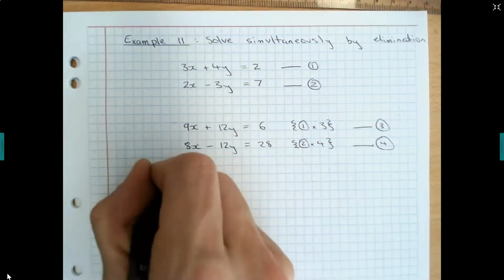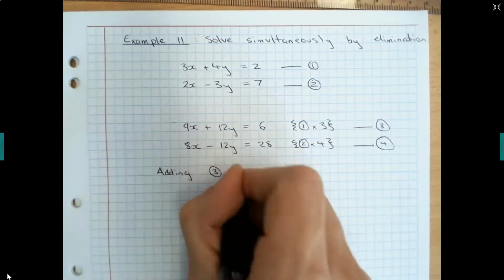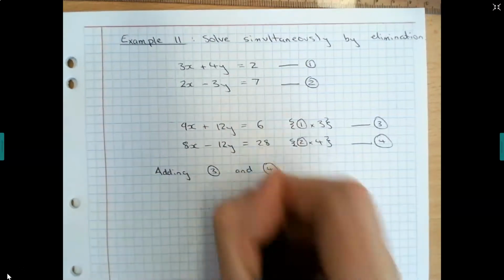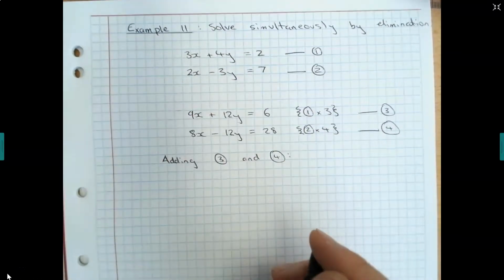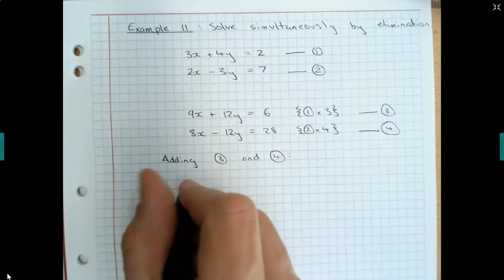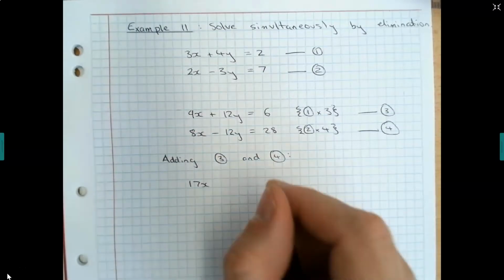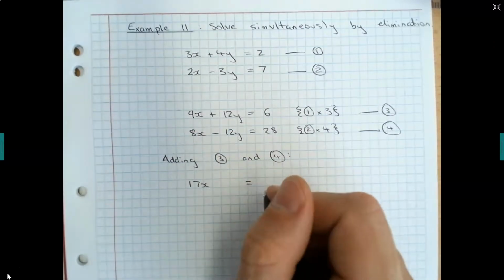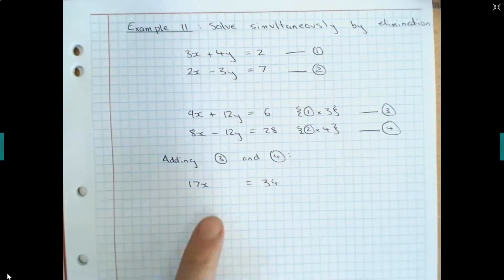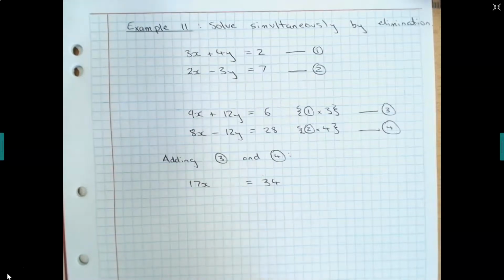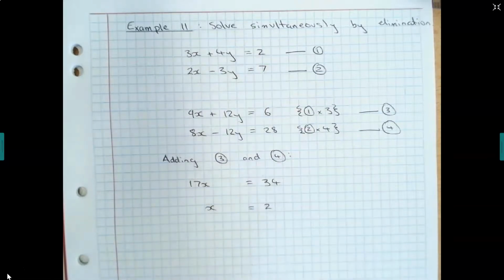So adding 3 and 4, 9 plus 8 is 17x, positive 12 plus negative 12 is just 0, and that's equal to 34. Then it's just a matter of simplifying. Let's divide both sides by 17, so x is equal to 2.